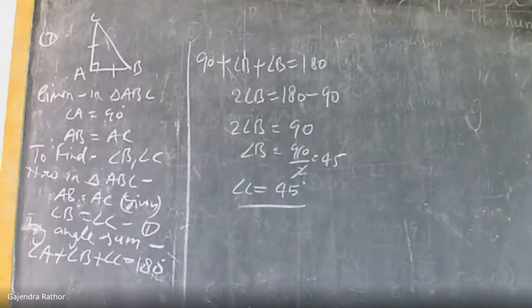So in the last question, we need to show why and how the value of each angle in an equilateral triangle is 60 degrees. So mark this point as homework and complete it. Along with this question, we will complete the exercise 7.2. I hope you will complete the last question as your homework.